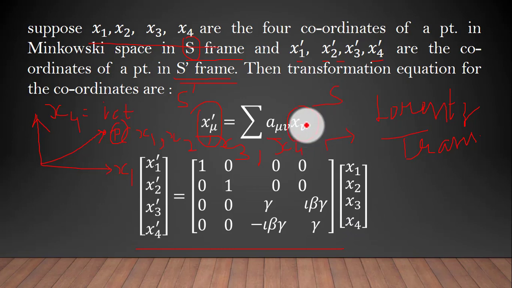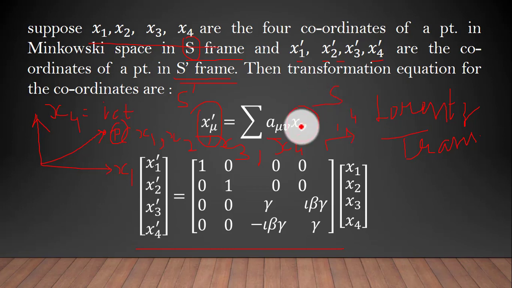Here nu is a variable going from 1 to 4. You can also find this notation in some books as 0 to 3. That's your choice. Basically we have to represent 4 vectors, so it will have 4 components, or you can say 4 coordinates.